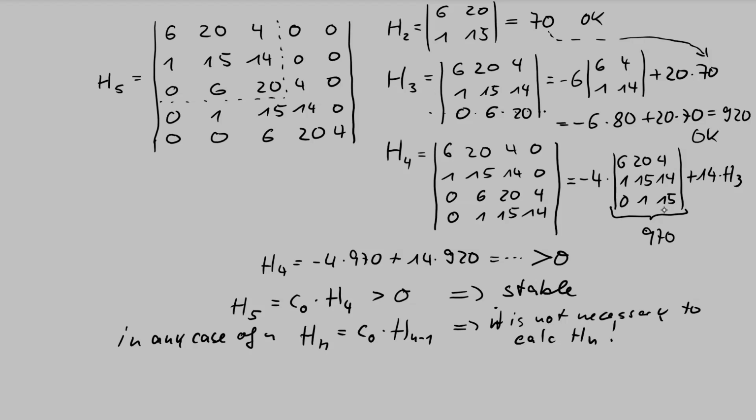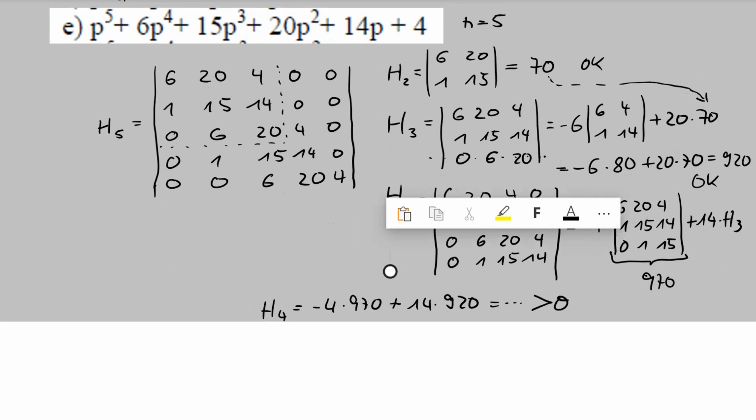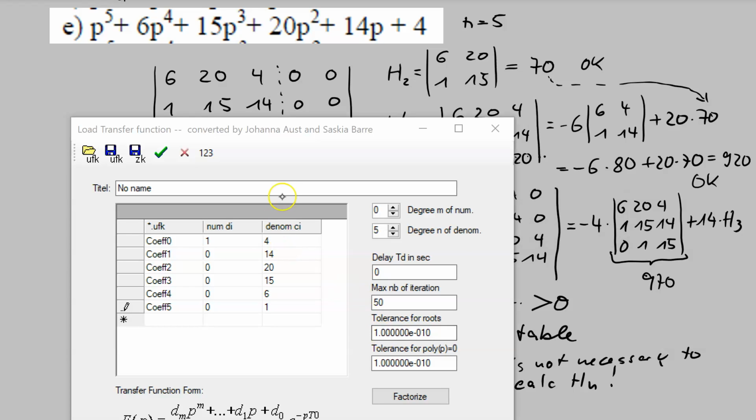With this result, we should just check the poles of this polynomial function. I use my tool program and get the following result. In my tool program, I typed in the coefficients in the given order. Here you can compare the numbers.